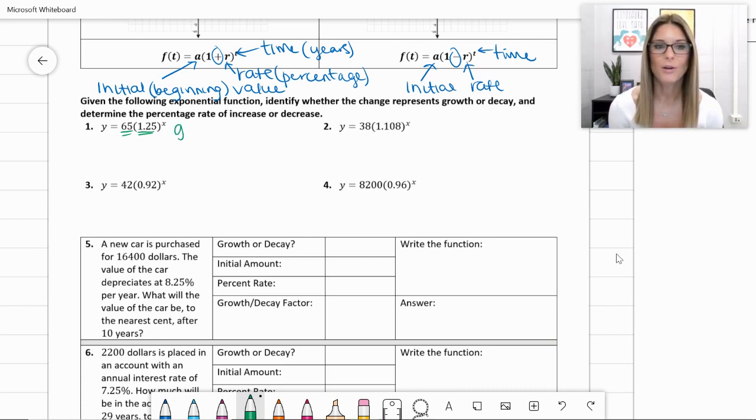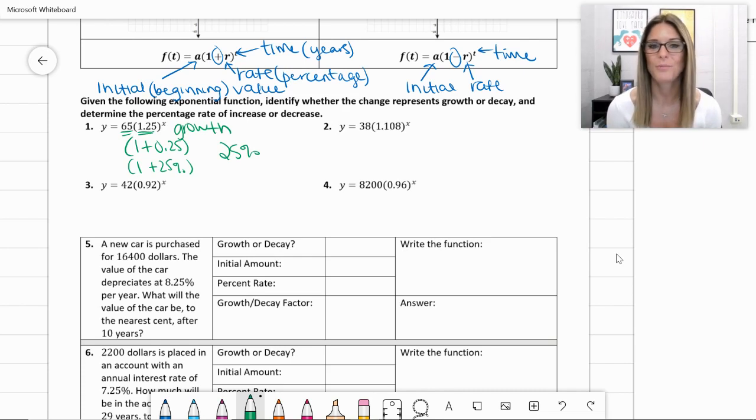This is a growth exponential function. I know because inside those parentheses, there was 1 plus 0.25, or 1 plus 25% was added here. So that takes us to, what was that percentage rate? That percentage rate was 25%. It is growing by 25% over time.